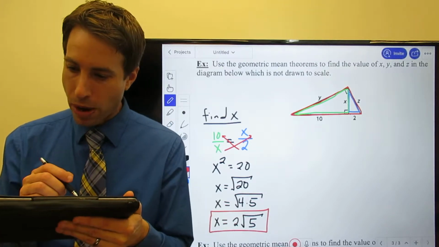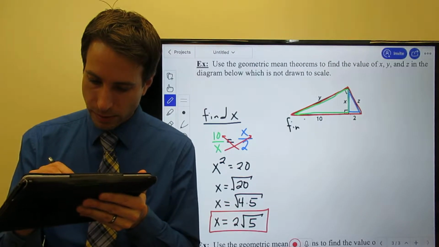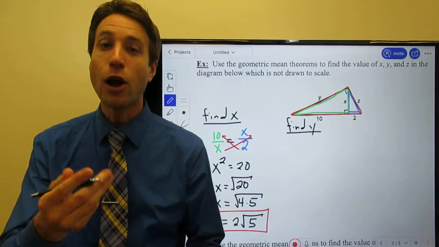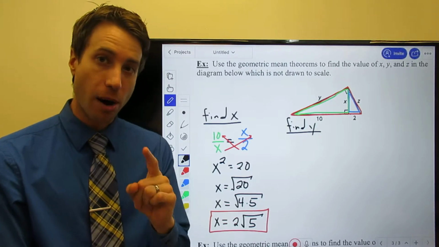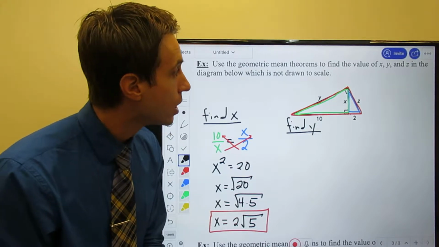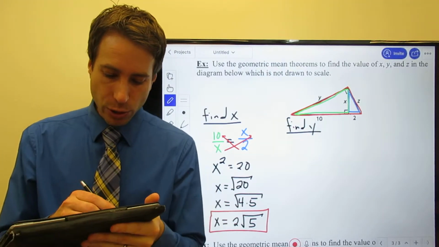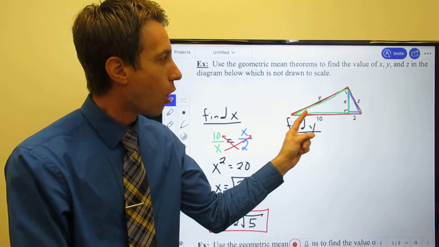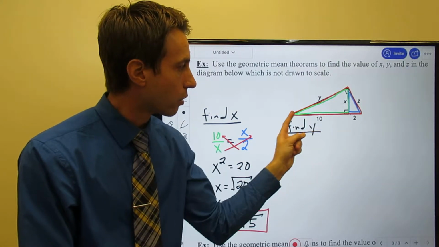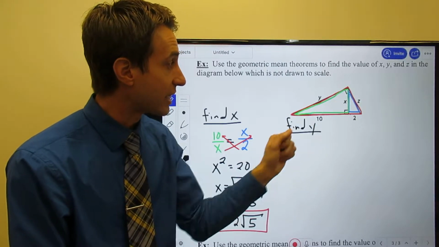Okay, let's keep going. What about y? Find y. Okay, well, y is shared by which two triangles? It is a common side for which two triangles? Red and green. So now all I have to do is figure out what else they have in common. Well, the red and the green triangle also run over here along, for the green triangle, it's 10.